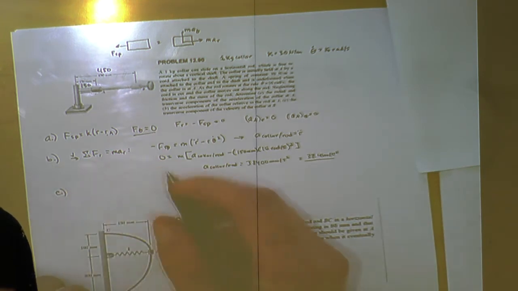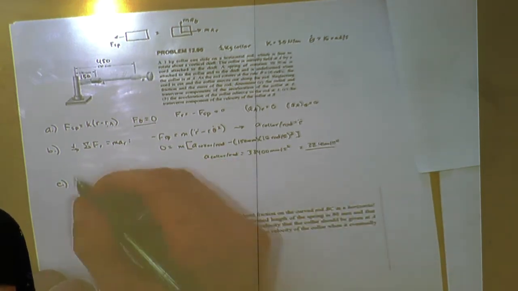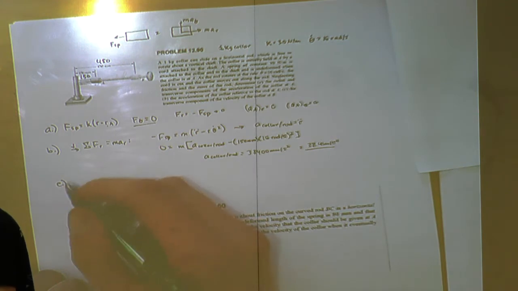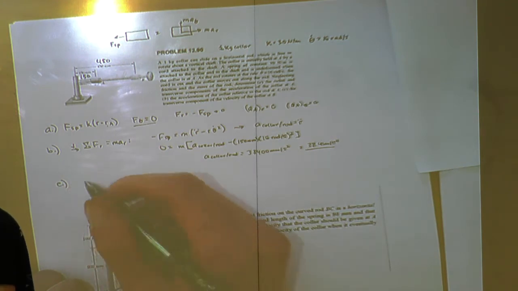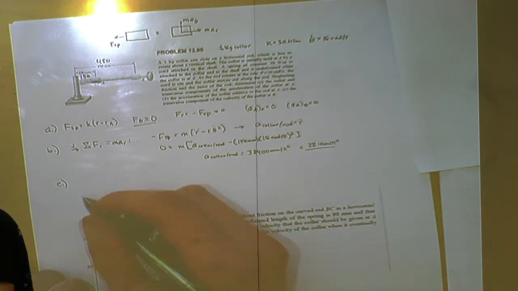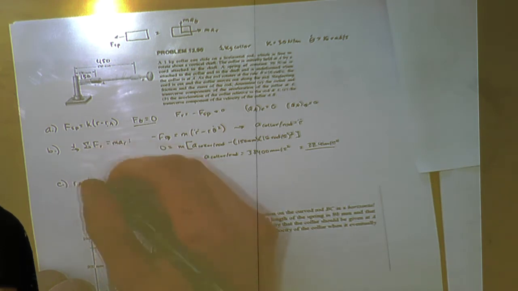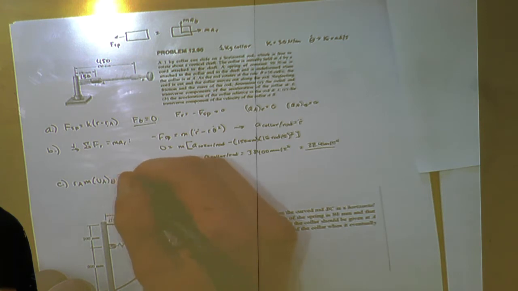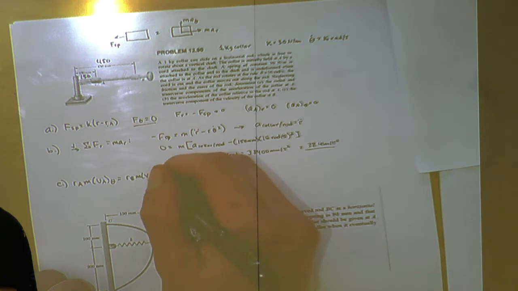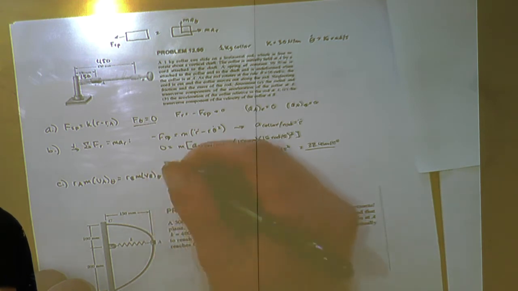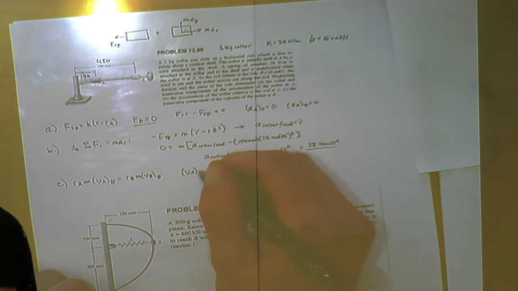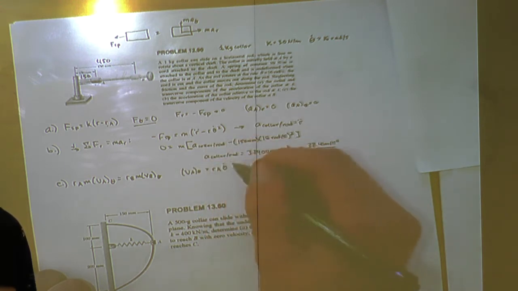And then for C, after the cord is cut, the only horizontal force acting on the collar is due to the spring. Thus, angular momentum about the shaft is conserved. So we have r_A m v_A theta equal to r_B m v_B theta, and v_A theta is equal to r_A theta dot.